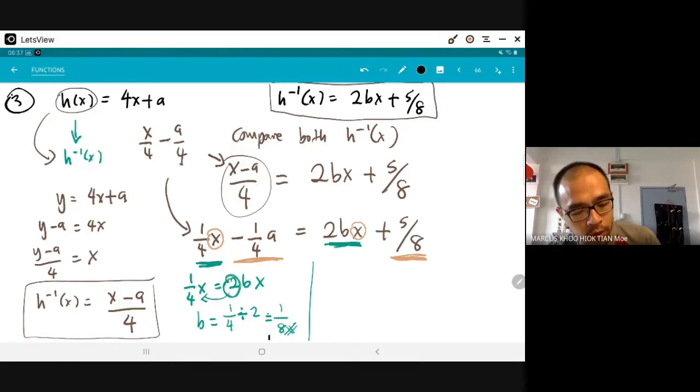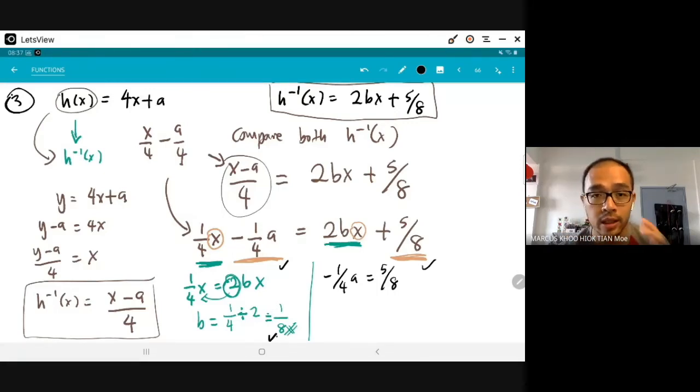So b is 1/8. The other one is we compare the foundation color. So negative 1/4a equals 5/8.